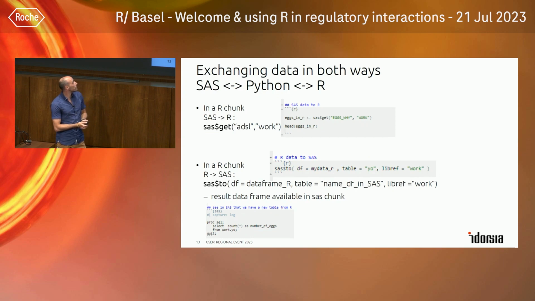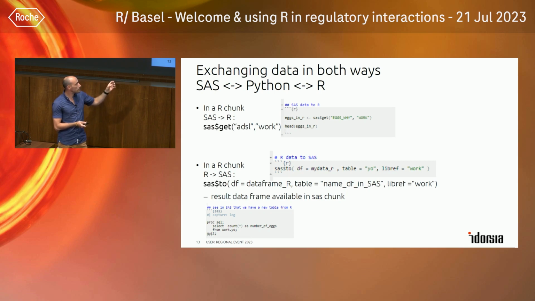So to get data from SAS to R and from R to SAS, there are the sas$get and sas$to functions. Basically you can say, okay, I want to get the ADSL table from the work libname, and you store it into R. It has to be in the R chunk because the object SAS is in the R chunk.